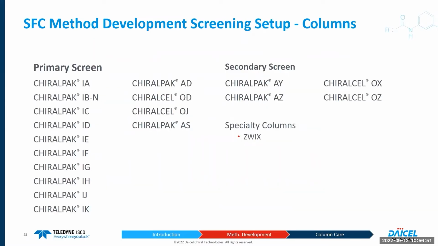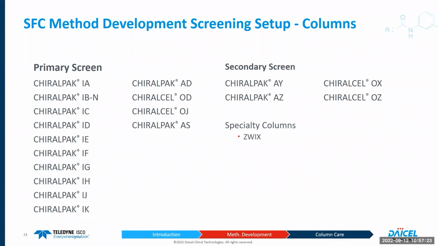Now our screening setup looks something like this, where we go through all of the immobilized columns, IA through IK. We do still, especially for preparative applications, include some of the higher performing coated columns, AD, OD, OJ, and AS. And if we don't find any separation on this primary screening, which doesn't happen too often, we can also mix in some of the remaining coated columns, AY, AZ, OX, and OZ, as well as some of the specialty columns, which we're not going to talk about today.